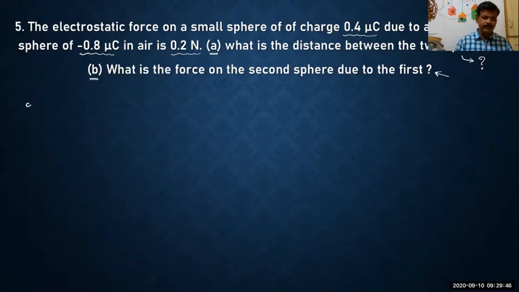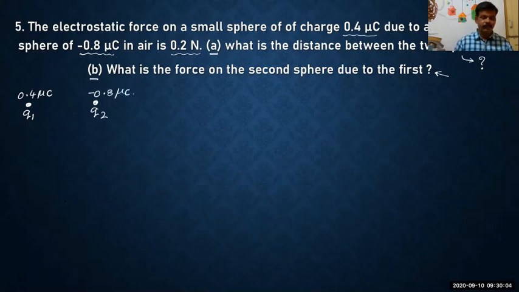There are two charges. See, one is Q1 and another one is Q2. That Q1 is 0.4 microcoulomb and Q2 is minus 0.8 microcoulomb. Don't worry about this negative sign.